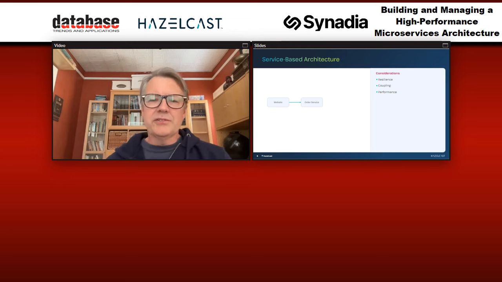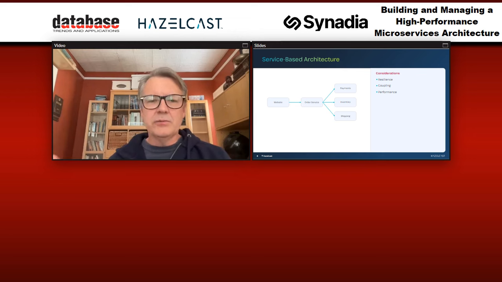So let's just start off with an online retail website that has an order service, a typical web service, maybe hosted by Spring Boot. And then that order service needs to call several other services to get the job done. So it needs to accept payment, it needs to potentially manipulate the inventory, and it needs to initiate shipment.